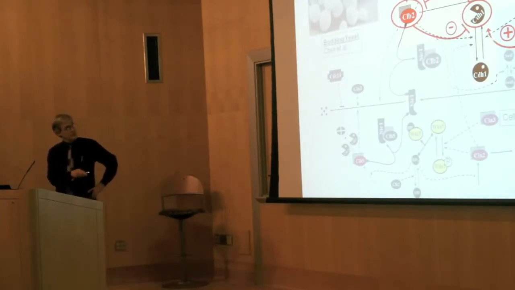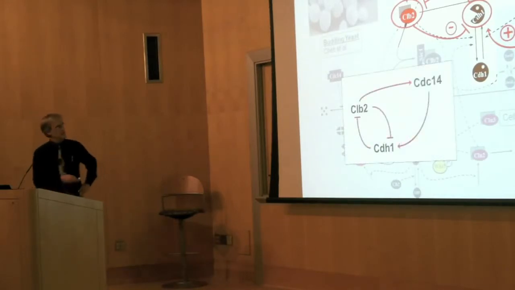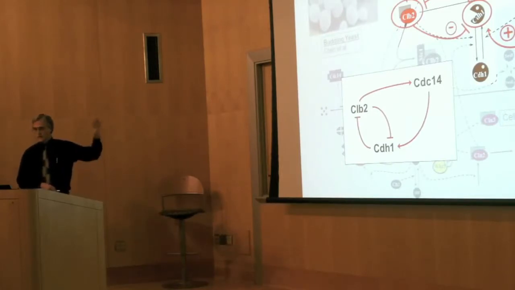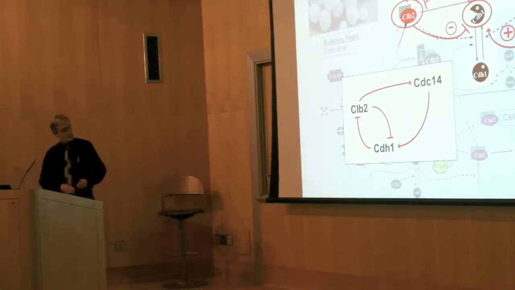But CDC14 then activates CDH1, and CDH1 kills CLIB2. So we have this kind of a motif. Here's the bistable switch. It's embedded in a loop, plus, plus, minus. So that's also a negative feedback loop. A toggle switch embedded in a negative feedback loop.